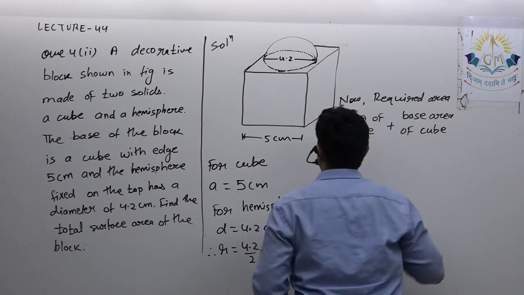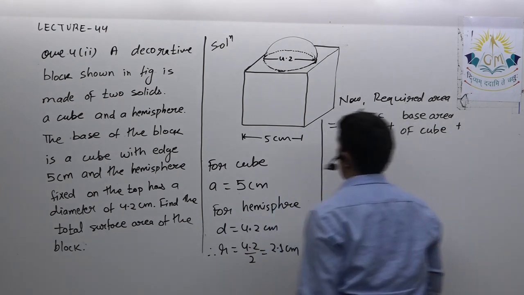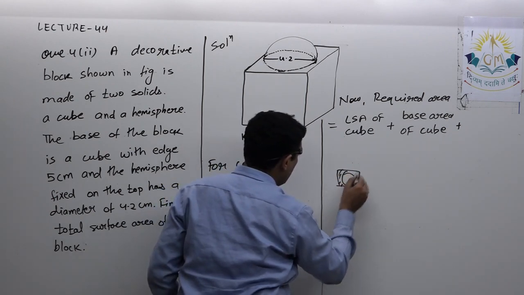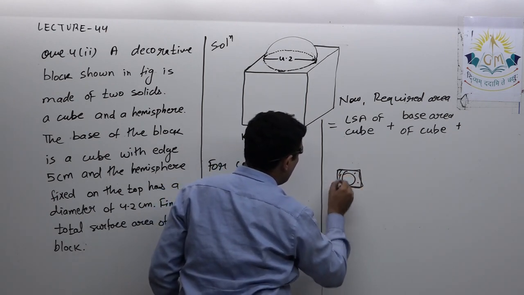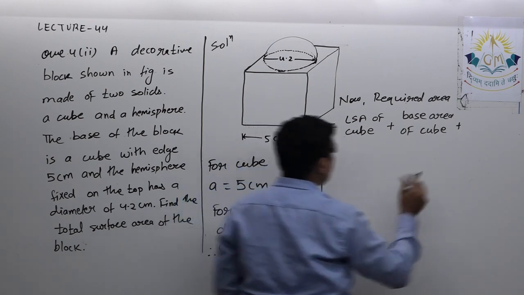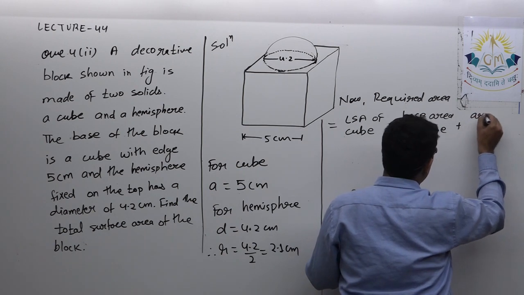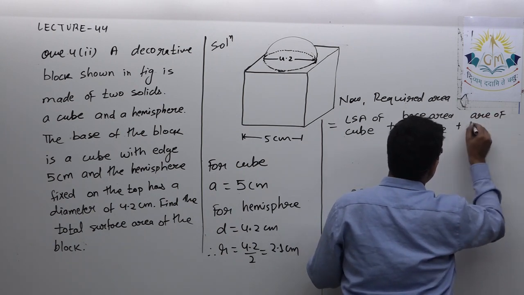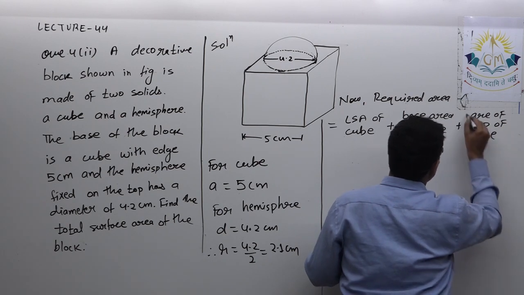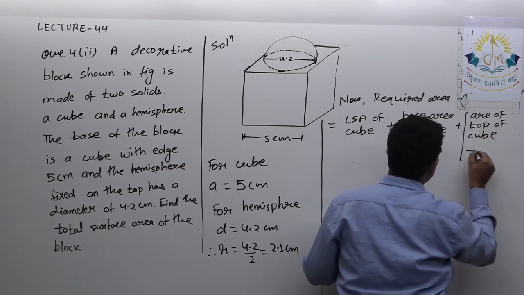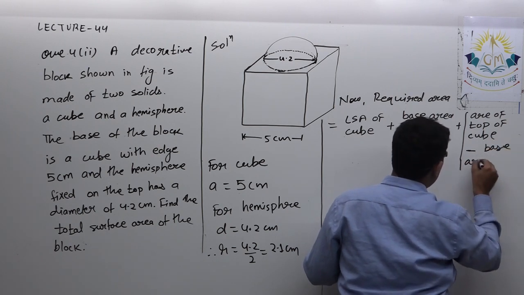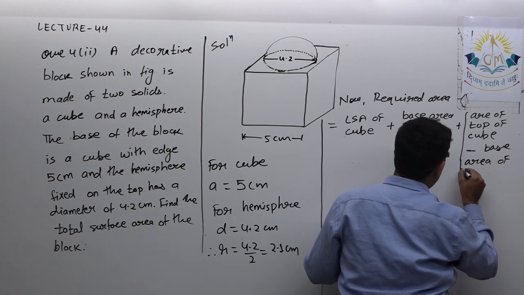Now plus, I have to add this area, as I told you. I can say area of top of cube minus base area of hemisphere.